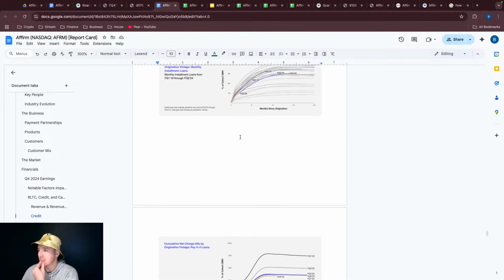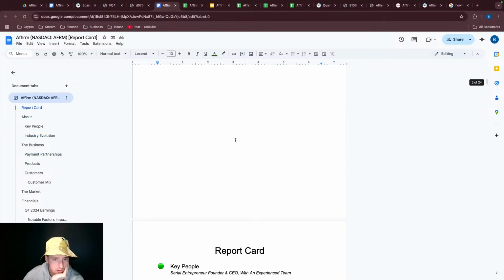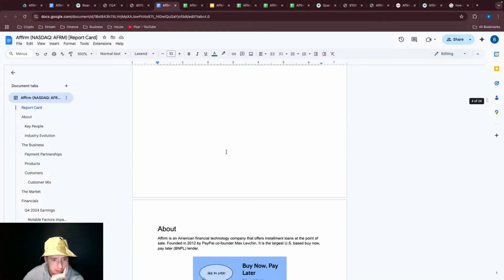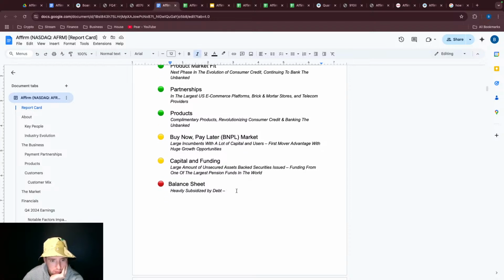I don't think we need to go too much into the other financials of like really digging into their. Why is this not heavily subsidized by debt? I think we can change this back to a yellow.